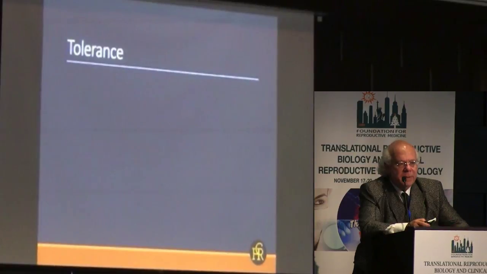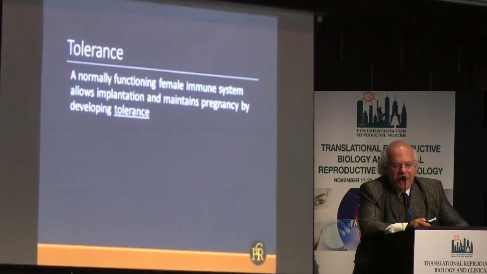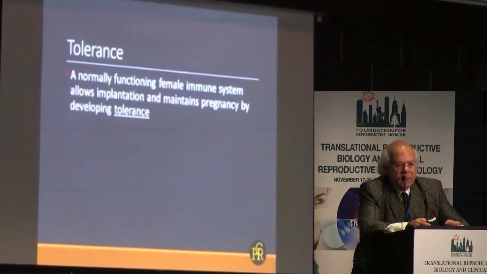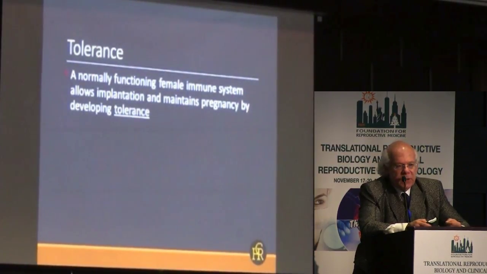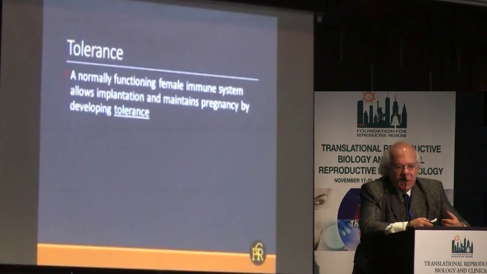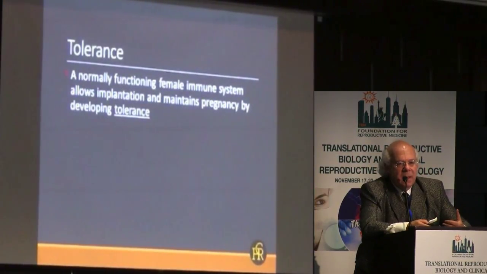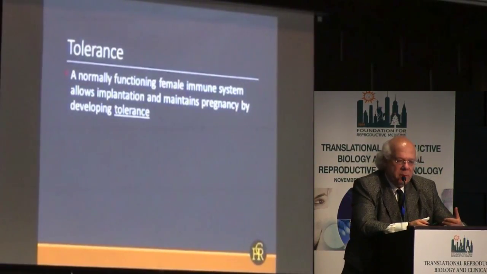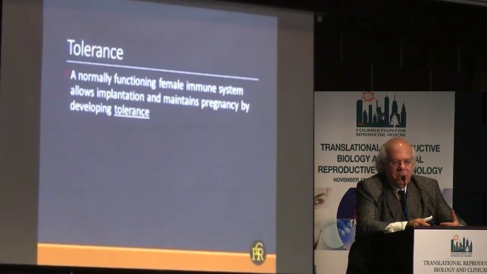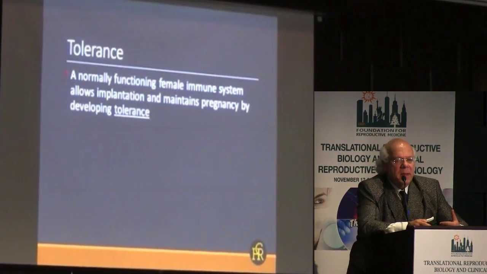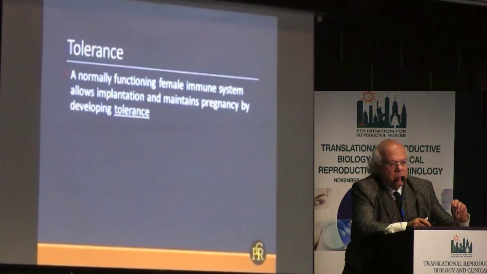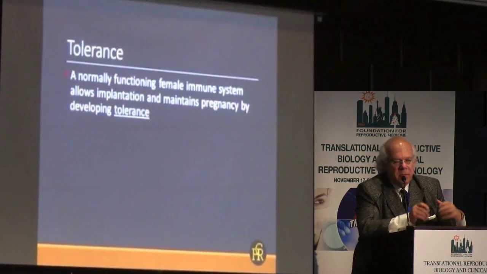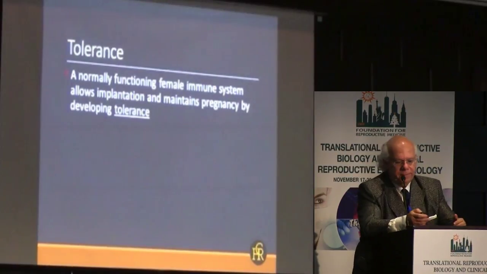And a normally functioning female immune system allows implantation to take place because of an innate capability of her immune system to induce tolerance pathways. In other words, something is happening to her immune system that throws a switch and reprograms the immune system from rejection to tolerance.